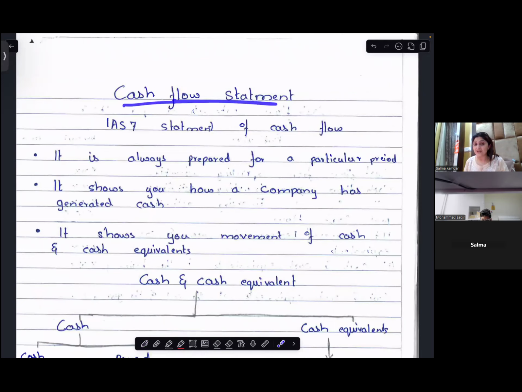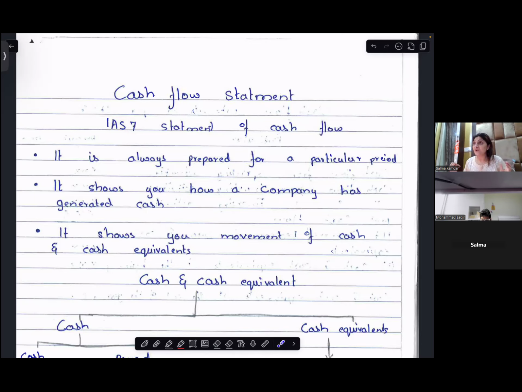When I talk about cash flow statement, IAS 7 deals with cash flow statement. It is prepared for a period and it is only dealing with cash, cash, cash. Cash coming in, cash going out. Anything that is apart from the cash is going to be removed from here. So non-cash expenses are going to be removed from here.